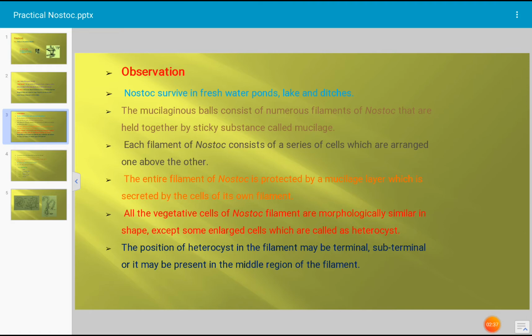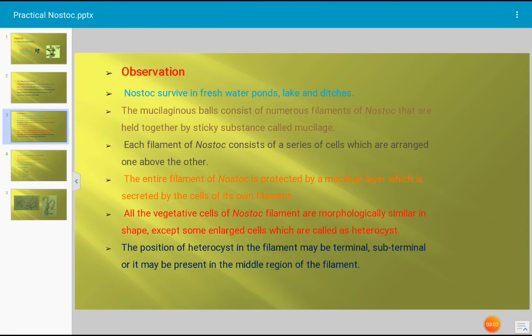The entire filament of Nostoc is protected by a mucilage layer which is secreted by the cells of its own filament. Even the mucilage we can observe. All the vegetative cells of the Nostoc filament are morphologically similar in size and shape, except some enlarged cells which are called heterocysts.